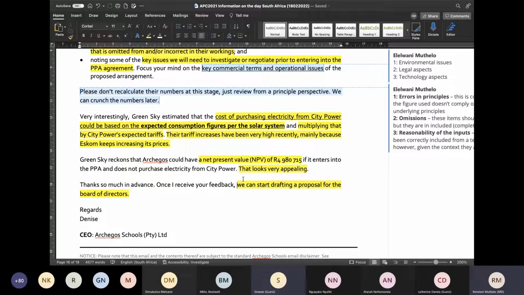Once these solar panels are up, I will disconnect you from Eskom or City of Joburg, City of Cape Town, or wherever you are. Meaning that you will no longer get a monthly bill from your municipality. Oh, okay.